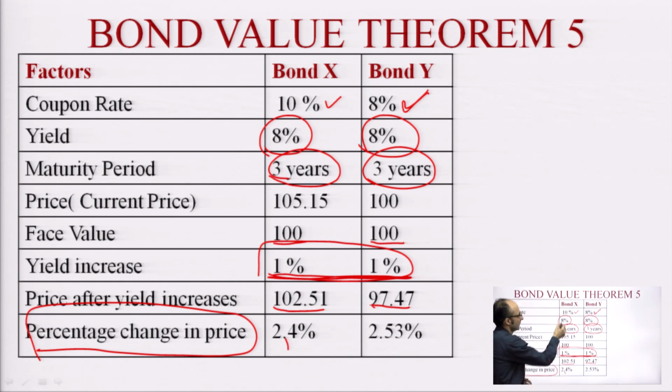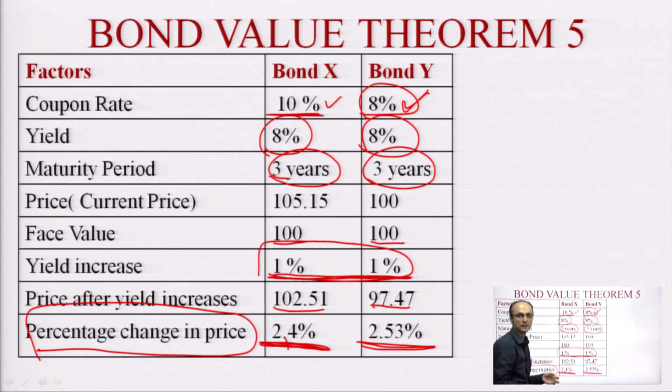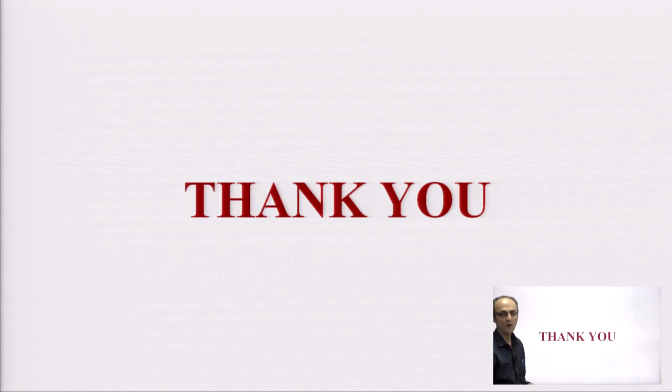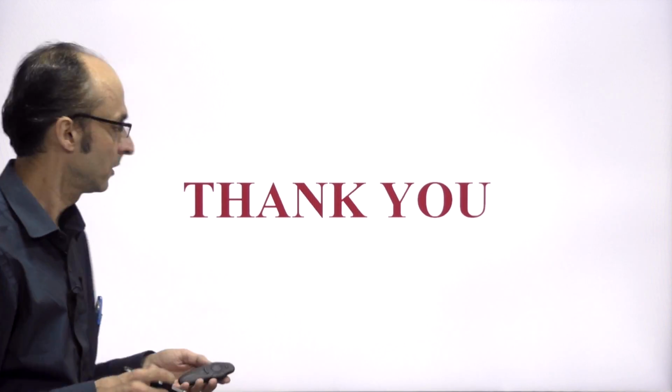That's why we can see bond X, which has a coupon rate of 10%, has a price that is relatively less affected than the price of the bond which has a coupon rate of 8%. Now we have seen that there are in total 5 theorems. Now we can again recall the 5 theorems.